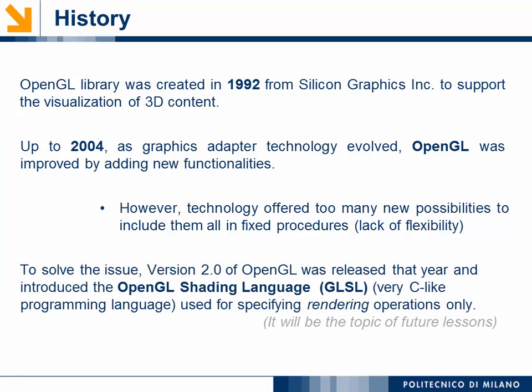So when version 2.0 of OpenGL was released, there was the introduction of GLSL, the OpenGL Shading Language, a very C-like programming language which has the purpose of programming the rendering pipeline, to program the graphics adapter. With GLSL you write shaders, and that will be the topic of a future lesson, because it's a big topic.